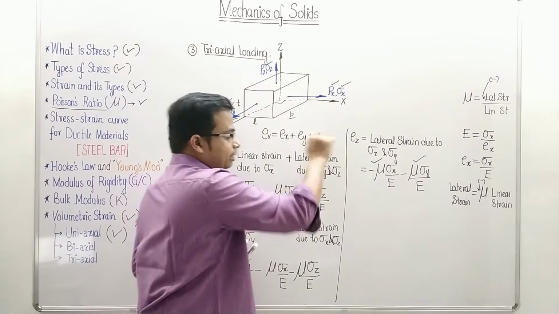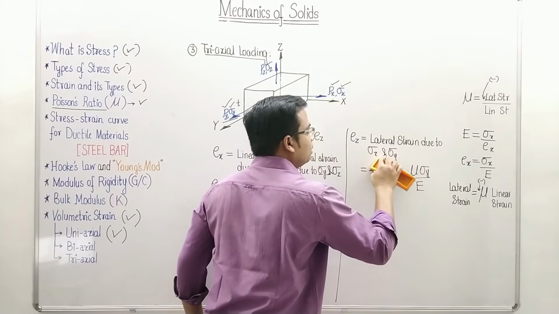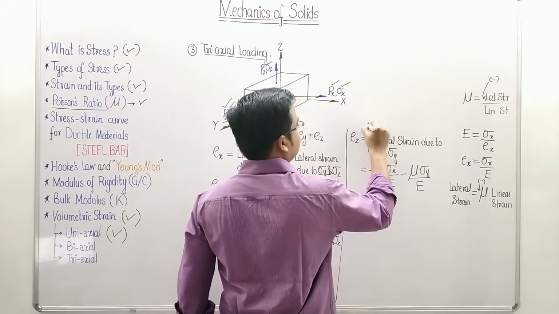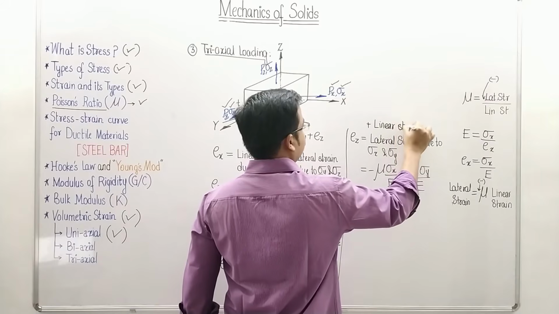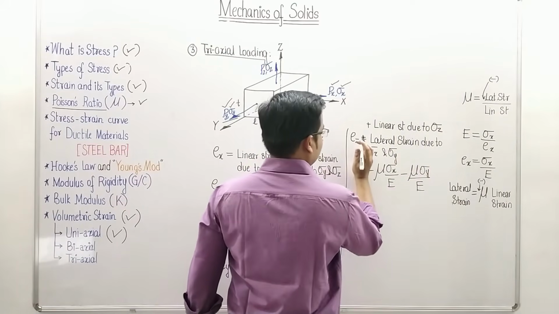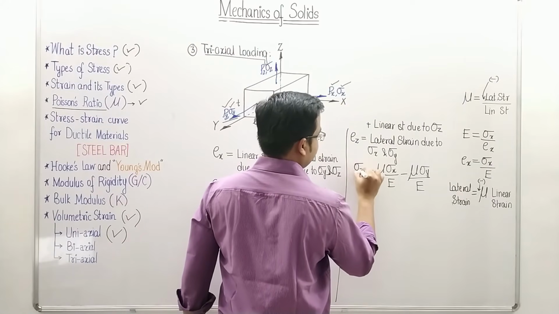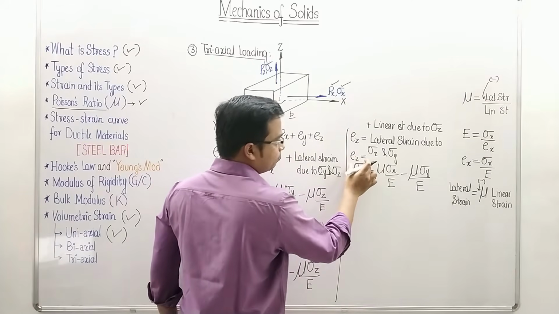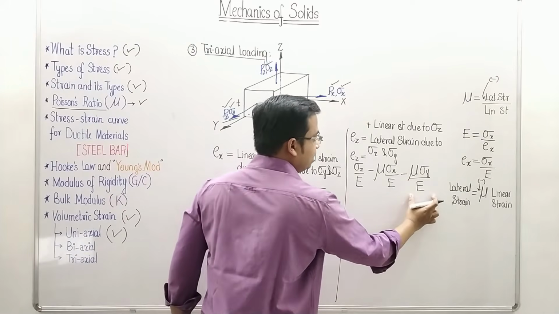Now Ez, plus linear strain due to what? Sigma Z, isn't it? And here there is going to be sigma Z over E. So Ez basically is equal to, this is the linear strain along Z and this is the lateral strain along Z. This is also the lateral strain along Z.